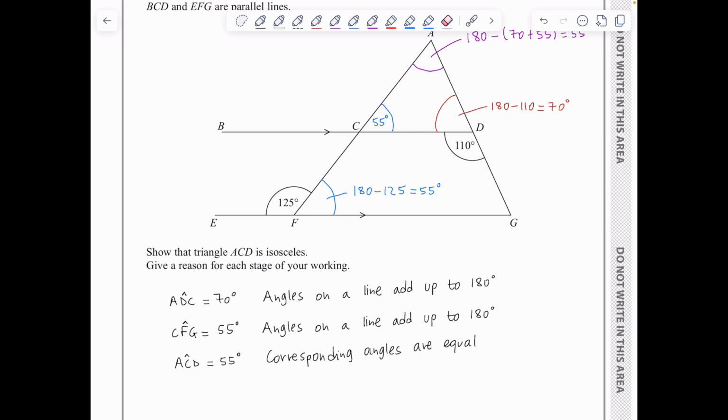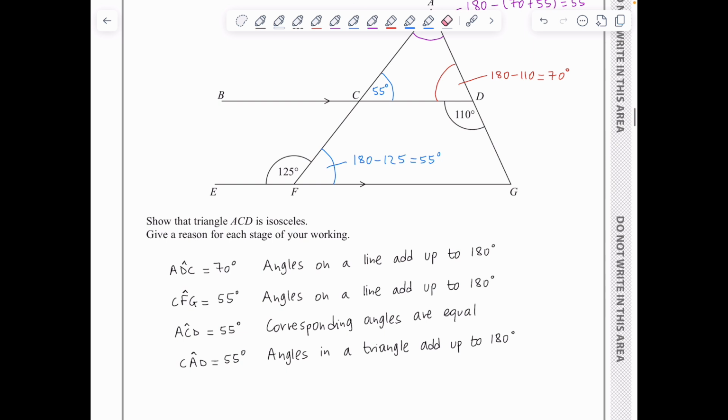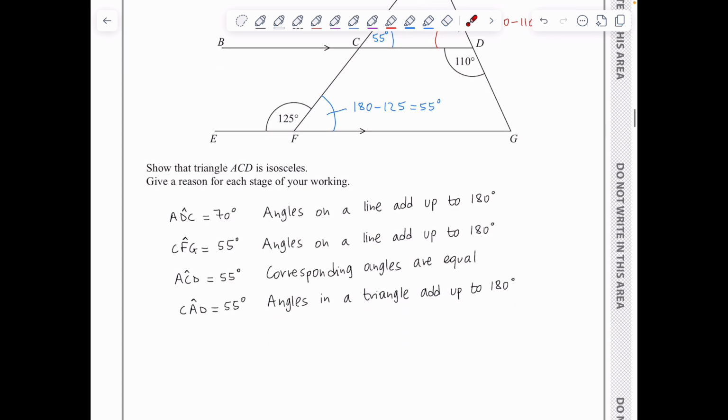Corresponding angles are equal, so ACD is 55 degrees. And finally, the angle A, so the angle CAD is 55 degrees. Angles in a triangle add up to 180 degrees. So the only thing missing here is an overall conclusion because we are constructing a proof. So since CAD is equal to angle ACD, the triangle ACD is isosceles.